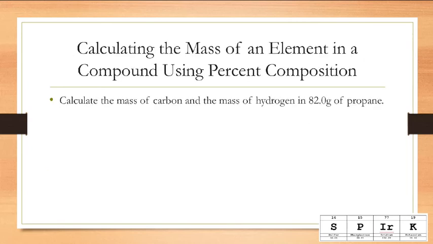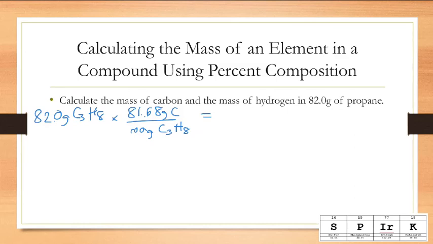So when we calculate the mass of carbon and the mass of hydrogen in an 82 gram sample of propane, we're going to start with what we know, right? And we know that we have 82.0 grams of propane. We're going to multiply that by our conversion factor for carbon. And we said that we had 81.68 grams of carbon for every 100 grams of C3H8. When we multiply that through, we get 66.98 grams of carbon.